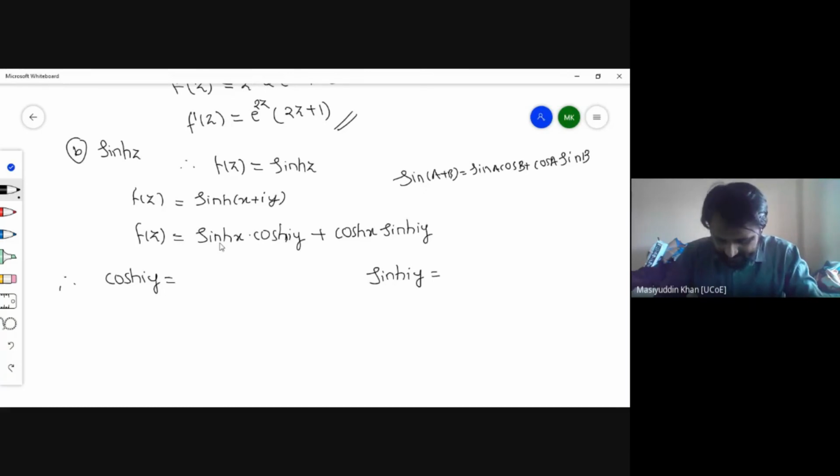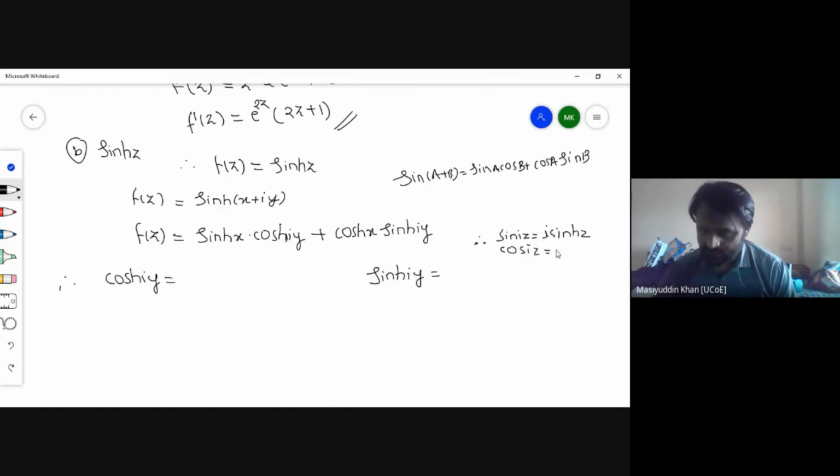If you remember, when the cosine term is there, or I can write this part as, if I introduce that part a little, like sine of iz, we used to write it as I into sine hyperbolic of z, and when it was cos of iz, we used to write it as cos hyperbolic of z.